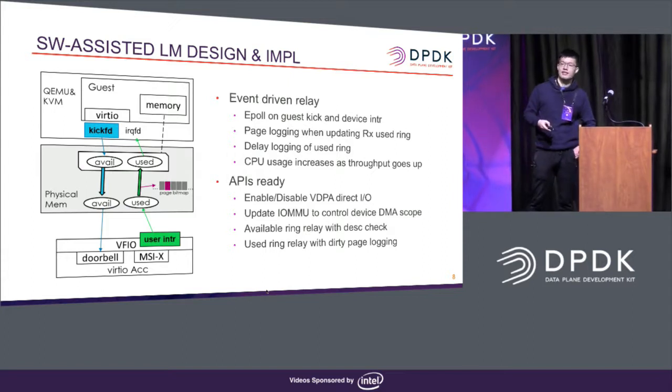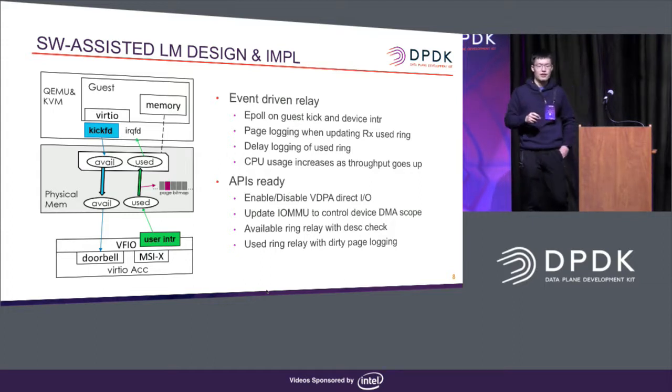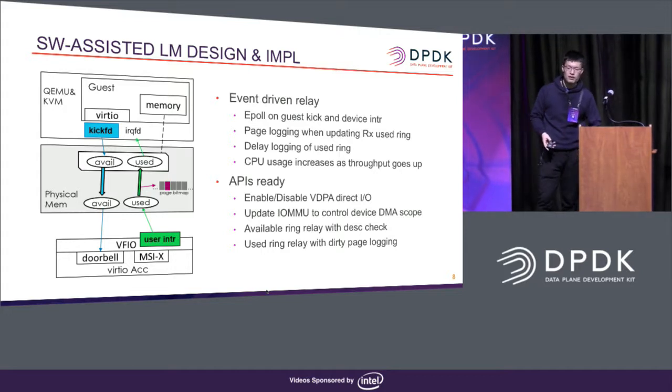Let's see how this is implemented, because we want to set up a software relay model which is power efficient. So we make it an event-driven working model. The relay is something like an epoll on the guest kick and the device user space interrupt.